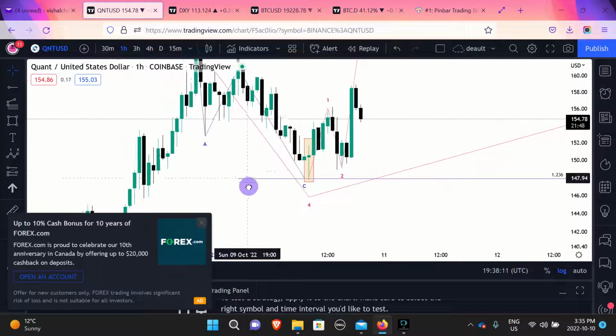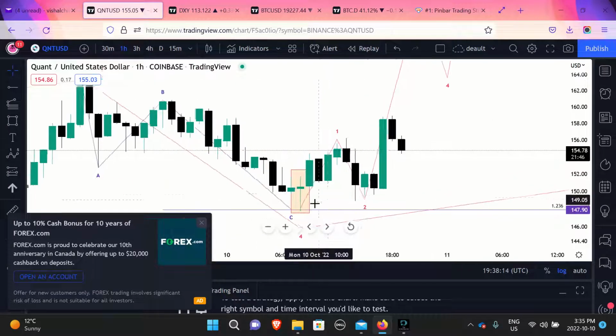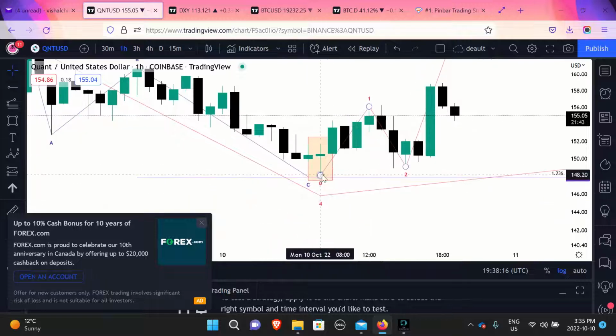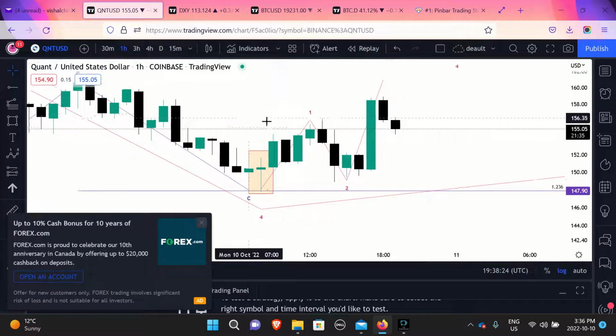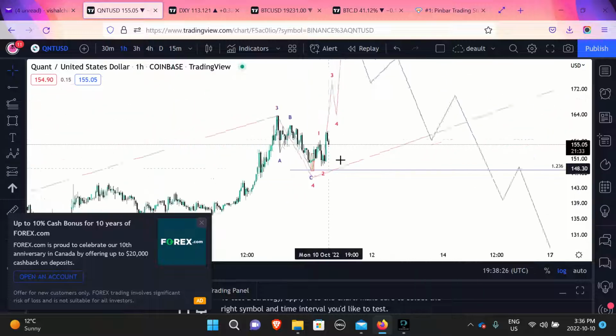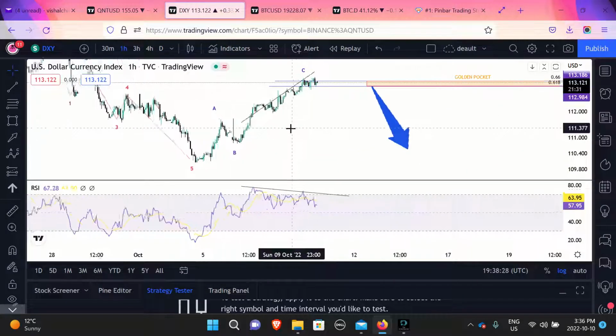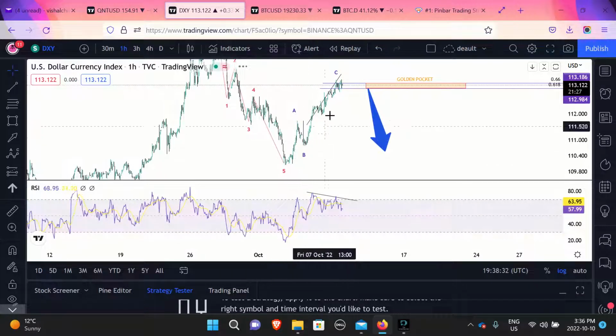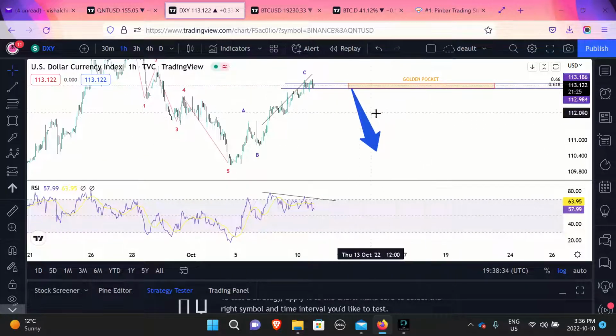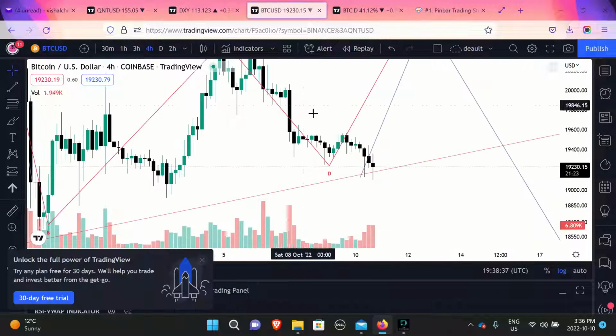So we had our A, B, C, and then we had our bullish pin bar for our rejection off these lows right here. You see what a bullish pin bar looks like? That's what a bullish pin bar is. So everything is looking good for Quant. DXY is looking great. We have our bearish divergence. We have our ABC. We're rejecting from our golden pocket.